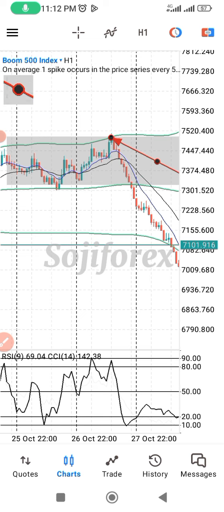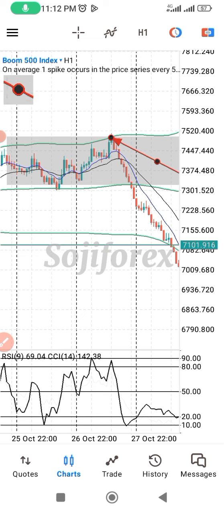So for that reason, if price pulls to our upper Bollinger Band, since we are in a downtrend on H4, any price that pulls to our upper Bollinger Band is telling us that this is the end of the retracement. It's telling us that price is at a point of exhaustion, which means we have come to the end of this pullback.